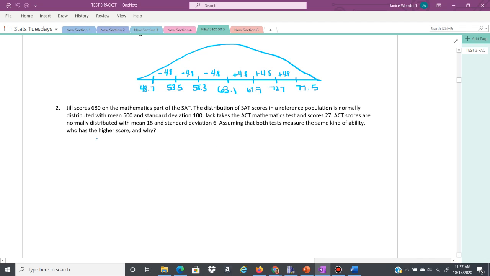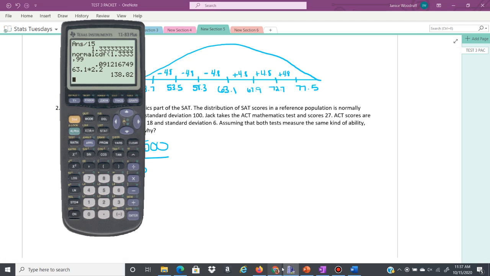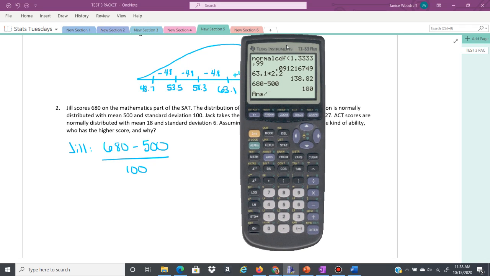So for Jill, you have an x value of 680 minus a mean of 500 over a standard deviation of 100. So that will give us a z-score of 1.8.